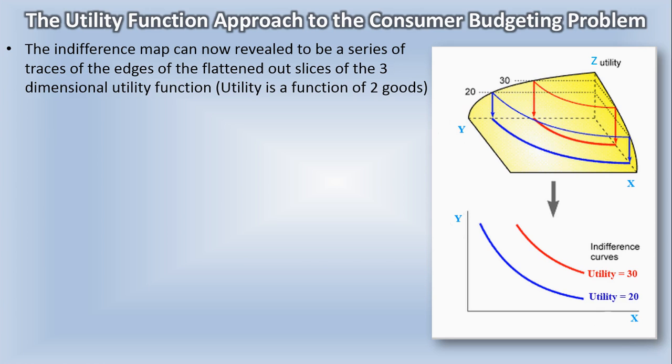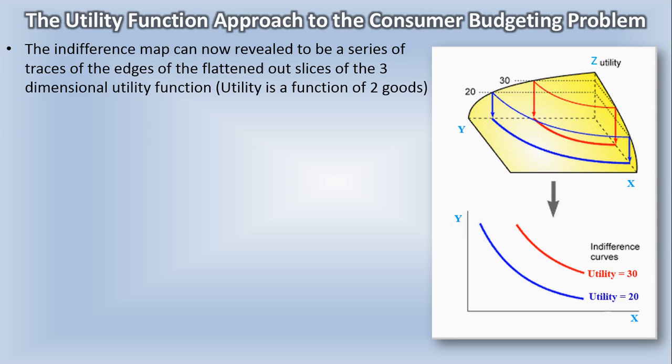And so if you slice the dome at some level, that represents a slice at a level of utility. If you slice the dome at this level here, at the height of 20 utils, and then you flatten it, you get a trace of the edge of the utility function, which we call the indifference curve, corresponding to a level of utility, in this case of 20 utils for each consumption bundle along it.